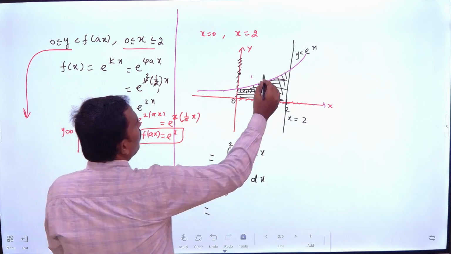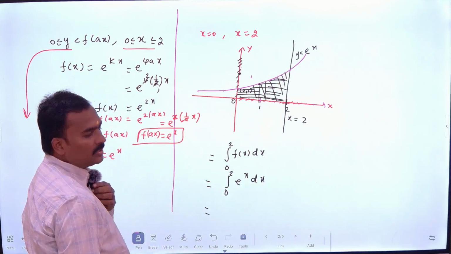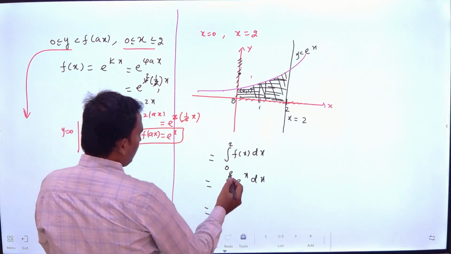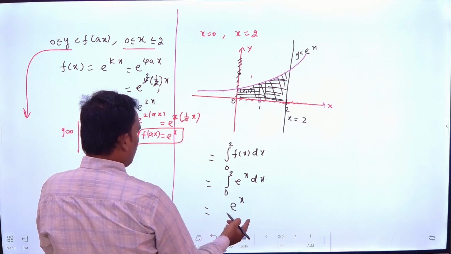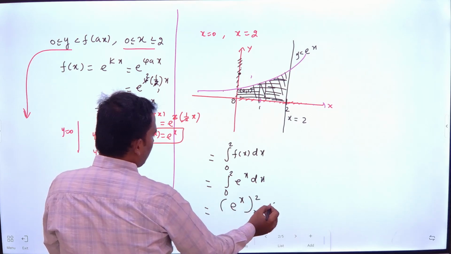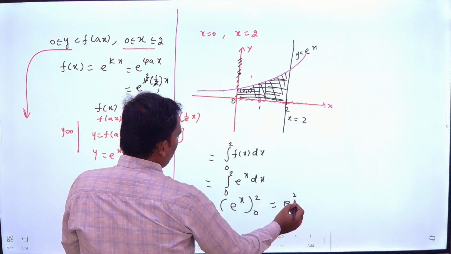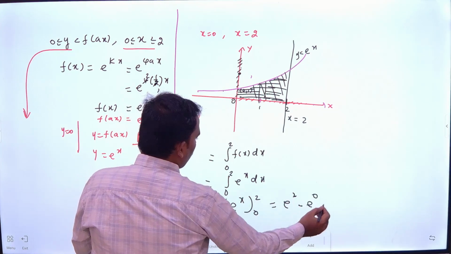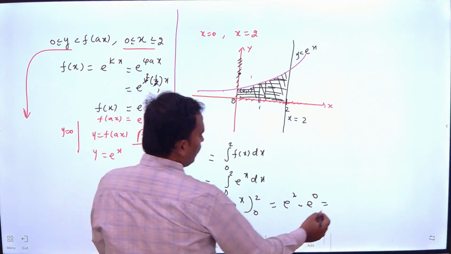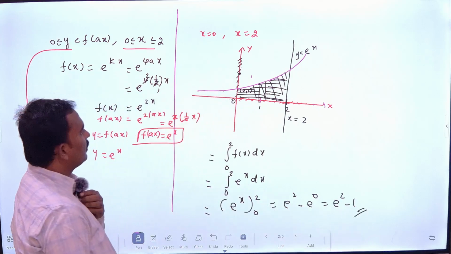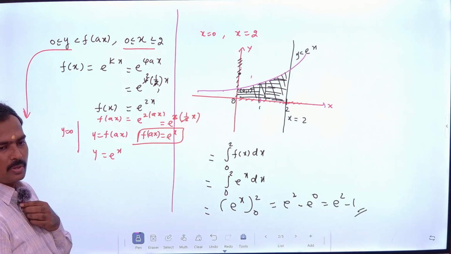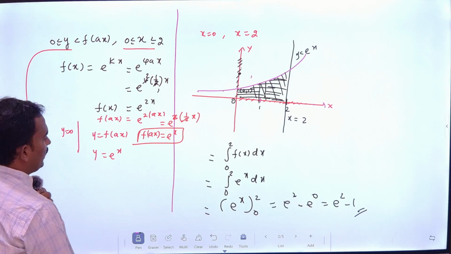Then this is your curve, y is equal to e power x. So how to integrate this? Integration of e power x is e power x by 1. So e power x only, from 0 to 2 you can substitute, e square minus e power 0. So upper limit minus lower limit, e square minus 1 is your answer. Understood? Okay, I hope everyone understood. Let's do the next question.